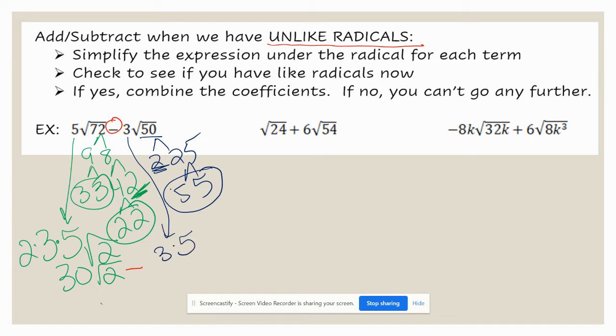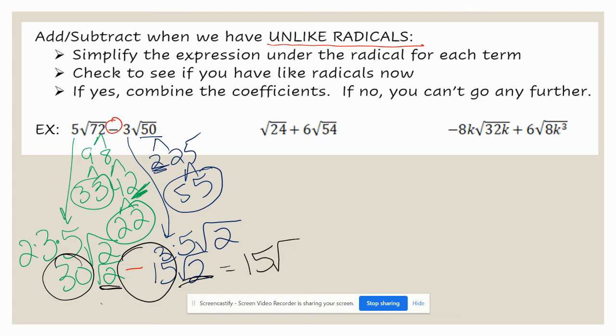This 5 pair that we circled comes out, and the 2 gets stuck underneath. 3 times 5 is 15, so we have 15 square roots of 2. Well, now, these are both a square root of 2. Because they're both a square root of 2, I'm allowed to do 30 minus 15, and our balance then would be 15 square roots of 2.